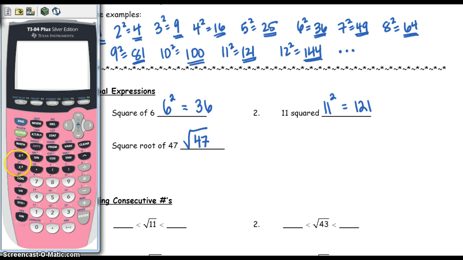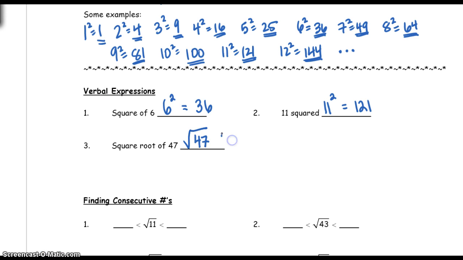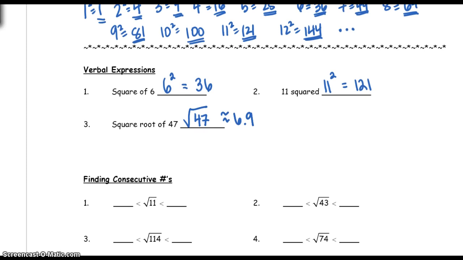So you want square root. On the graphing calculator, you would hit second, and you would hit this button right here, and then I would type in 47. And usually in our class, we round to the tenths. So if we had to round to the tenths here, it would be 6.9. So about 6.9.